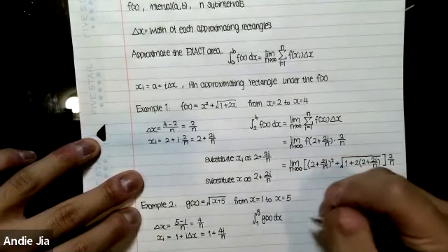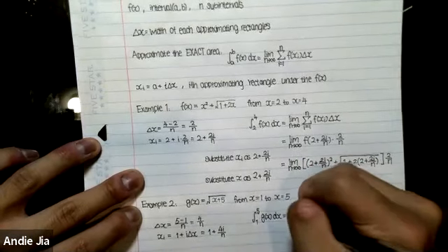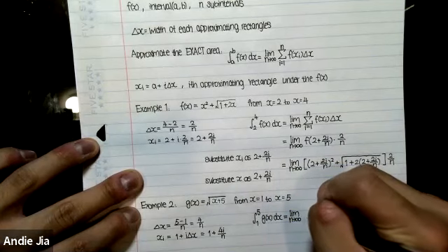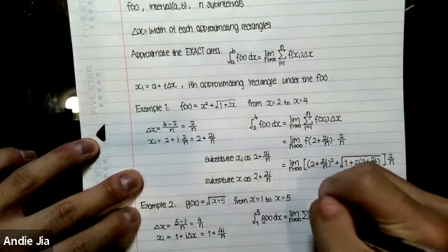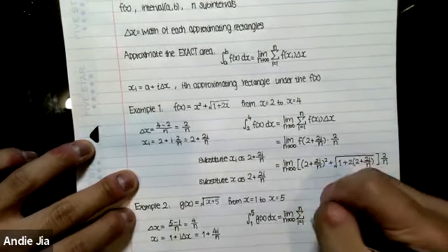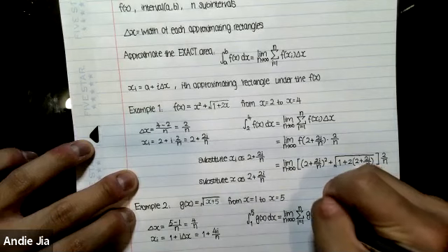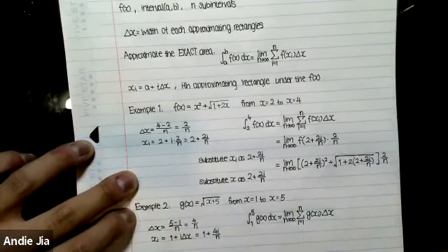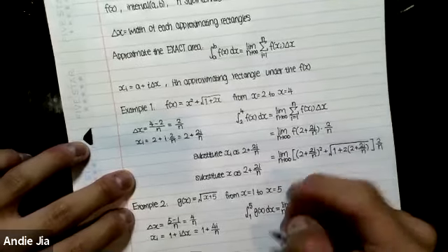And then we will have a limit, still like a limit, of the sum of f of x_i times delta x. Okay, delta x is the width.